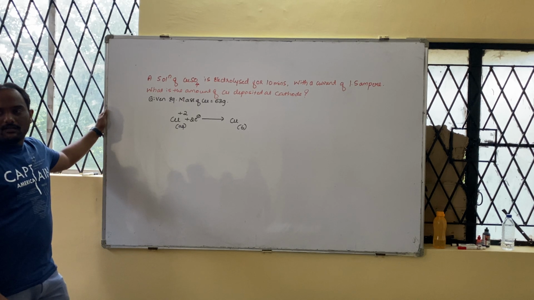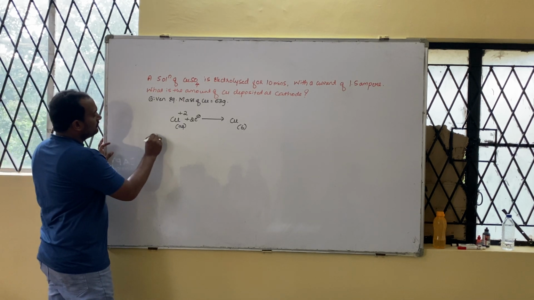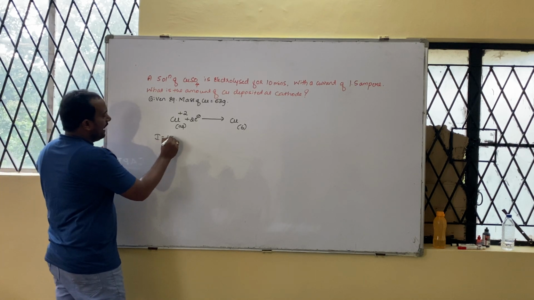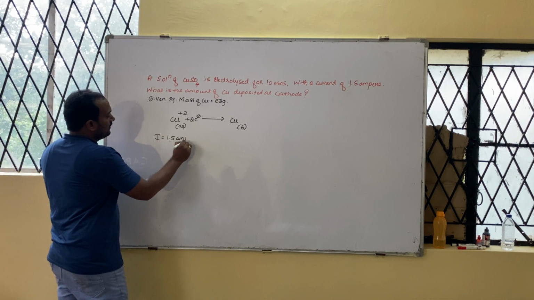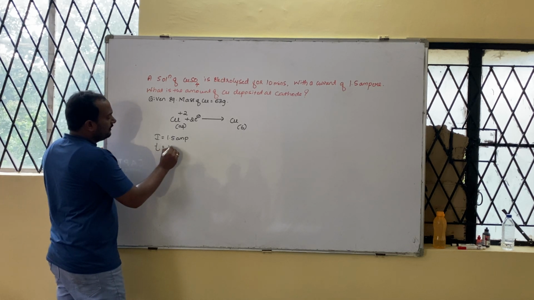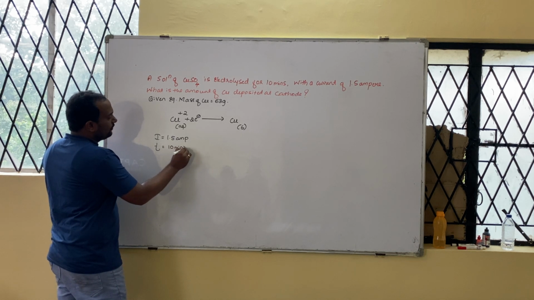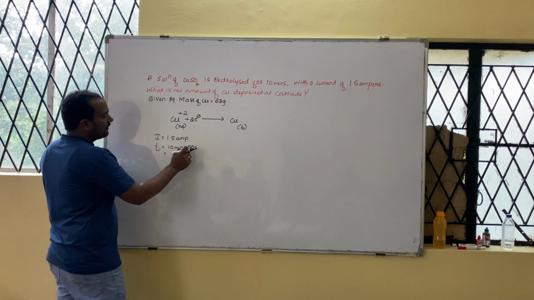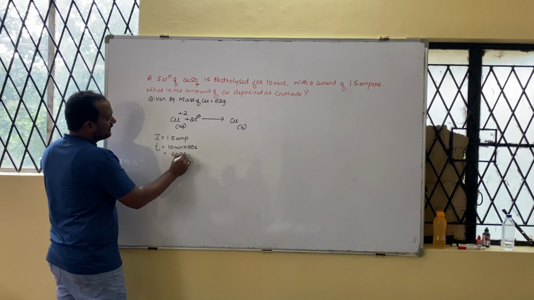Am I right? Then what is I given? Current, 1.5 ampere. Correct? Then is time given in seconds or minutes? Minutes. 10 minutes, into 60 seconds. Then how many seconds is it? 600 seconds. Correct?